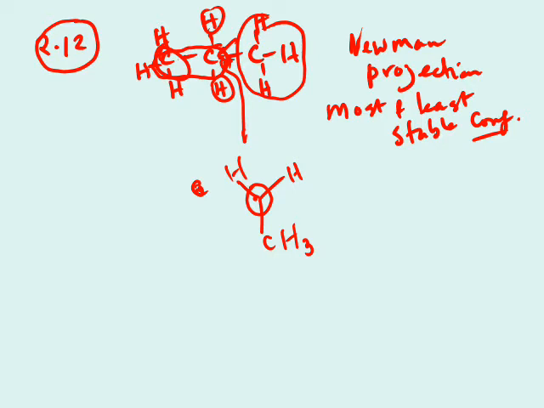We are calling it the front carbon, and the carbon at the back, in this case shown with a circle. Again, I'm going to draw bonds that are attached to the carbon at the back, and in propane those are all hydrogens.